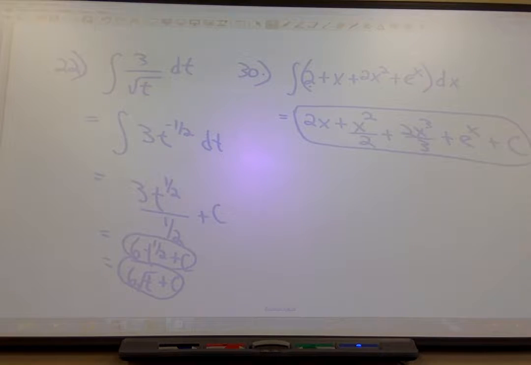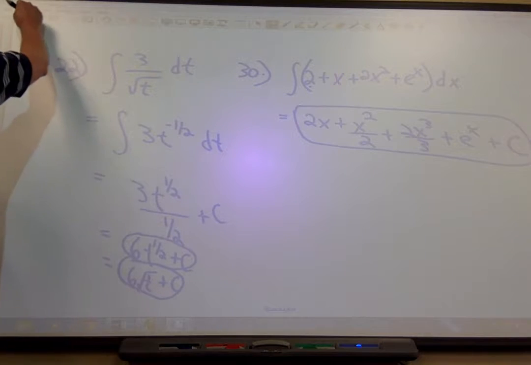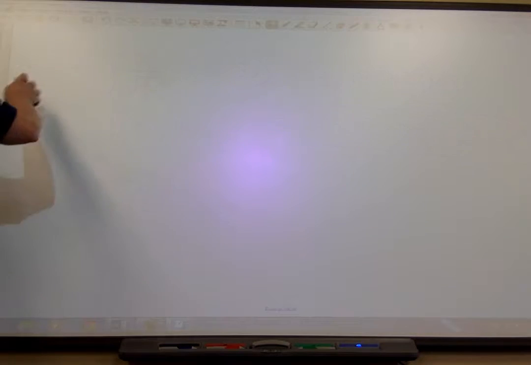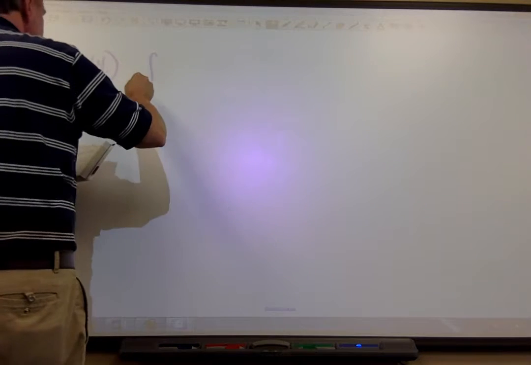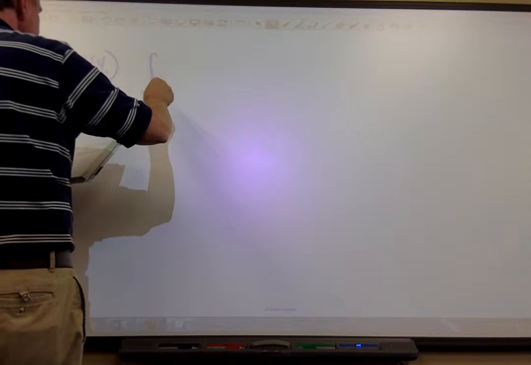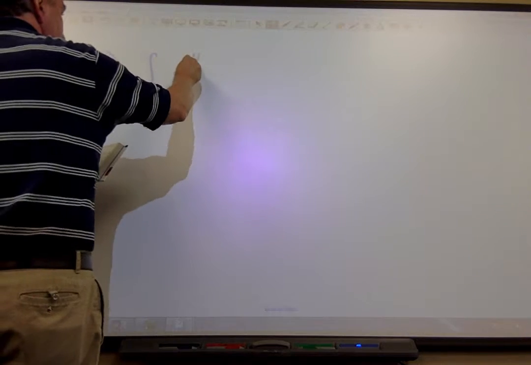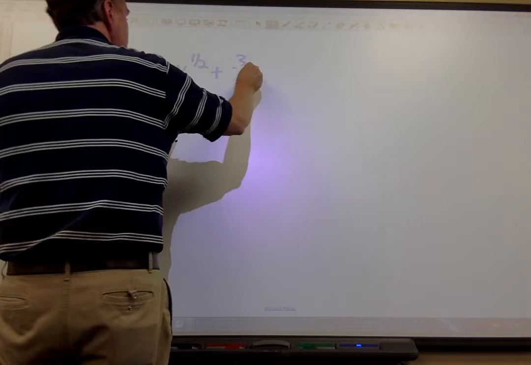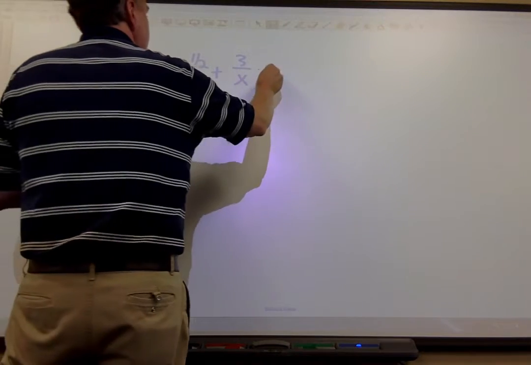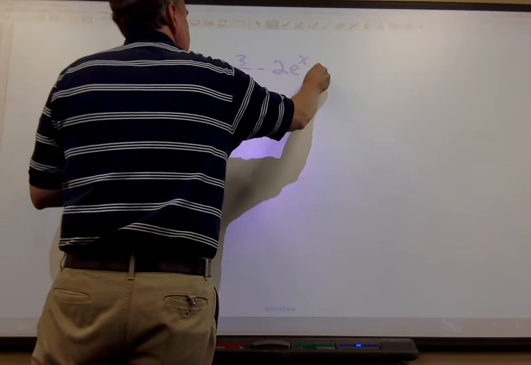I think we should go right to 44. That one looks good. Antiderivative. How should I write square root of x? Plus 3 over x minus 2e to the x dx.